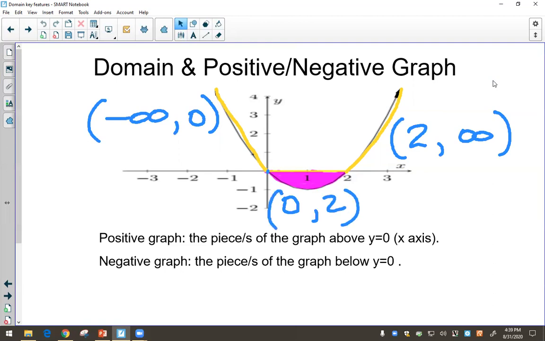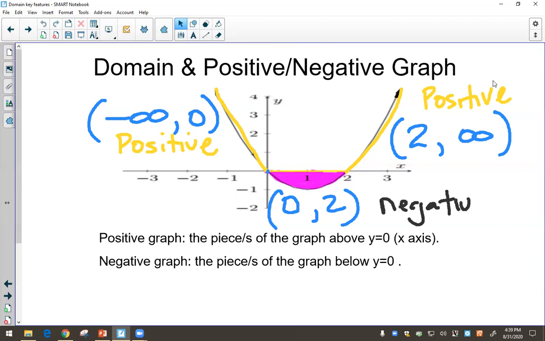Now I'm going to label this, guys. So this is positive, that is above the x-axis, and this is also positive, above the x-axis, and below it's negative.